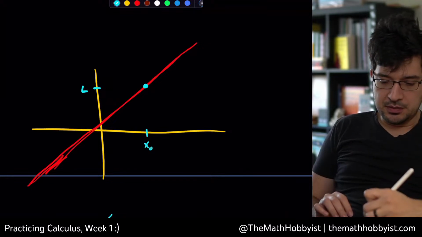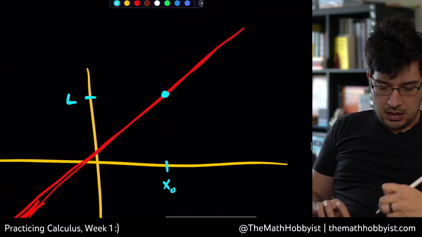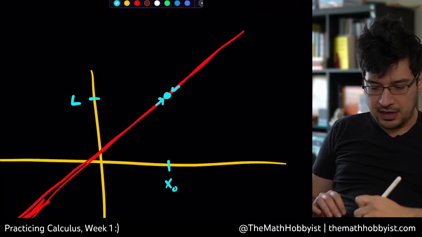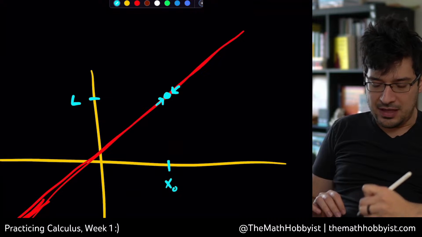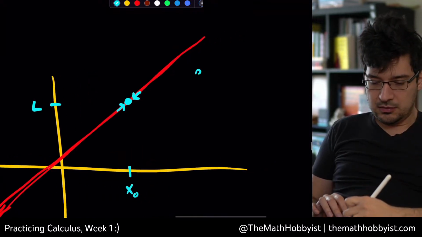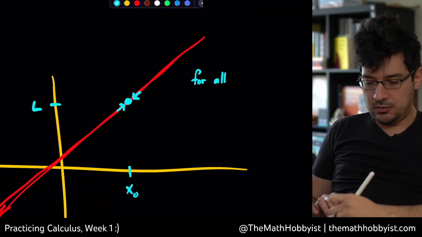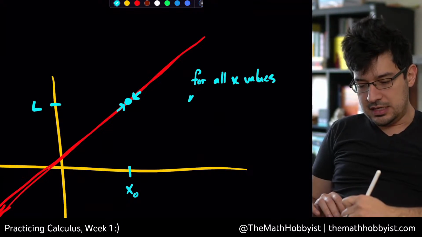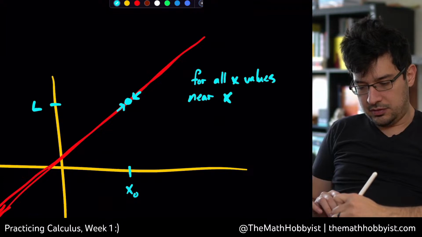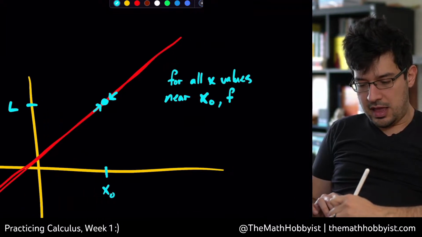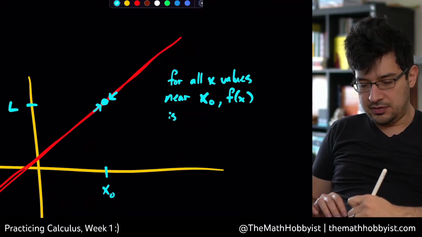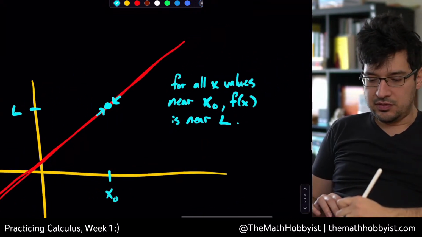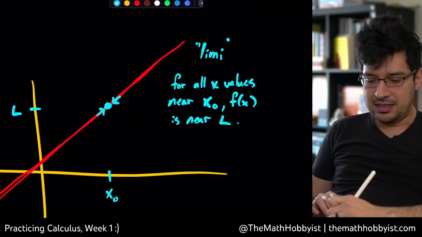I don't know what notation they use, but it has a limit if, when you approach it from the left and from the right, for all x values near x0, f of x is near L. Okay? This is the squishy definition of a limit.